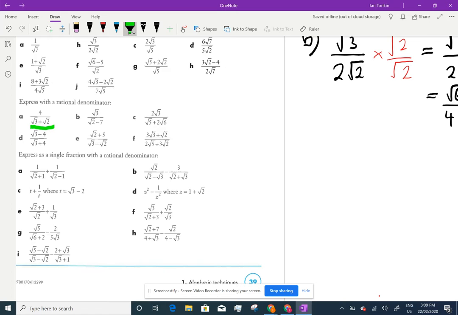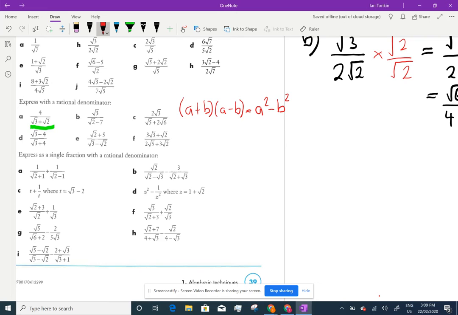So I'm going to use this law, which you've seen before, which is a plus b times a minus b. And we should know by now that that's the difference of two squares. I'm not going to go and prove it. You can go back and check. We've proved it in class before.